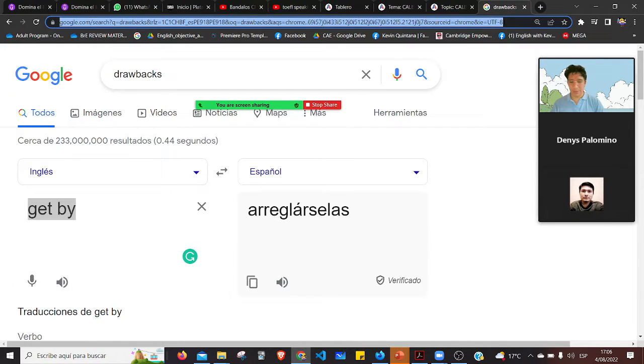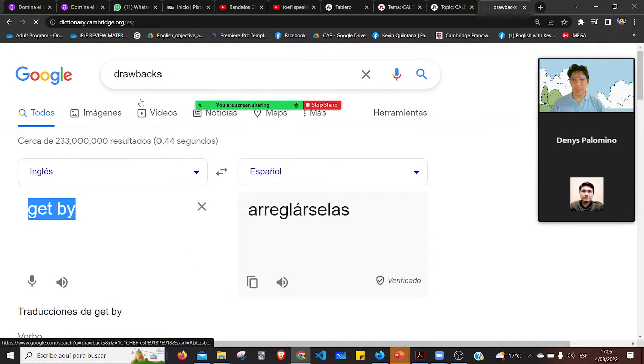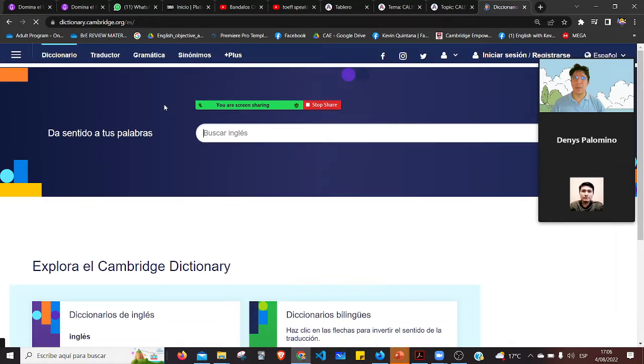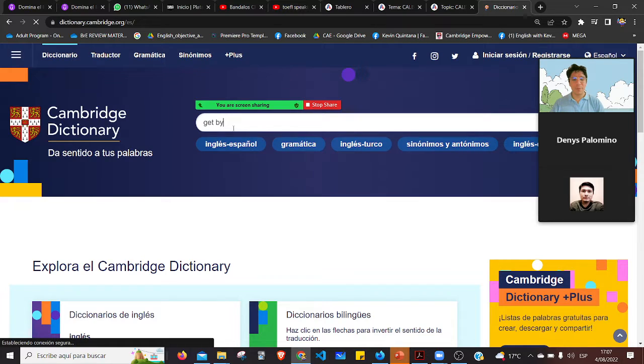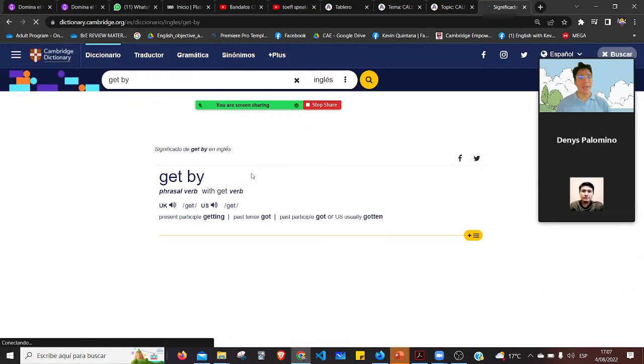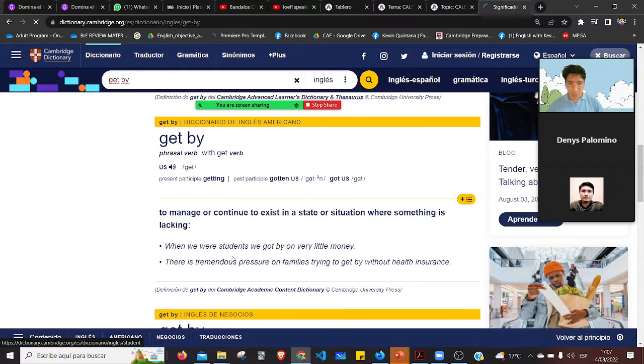Let me show you. Cambridge. Only you have to use it with money. Get by with. Well, the meaning I know is different. When you use get by, it refers to a situation, but the situation is a problem that you are going through. Manage or continue where something is lacking.